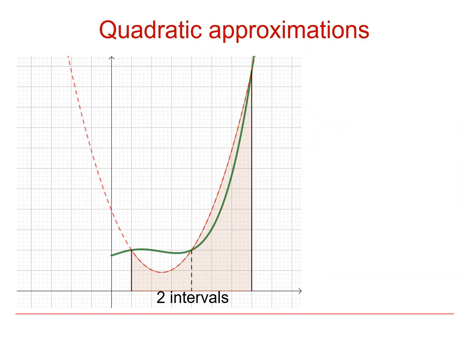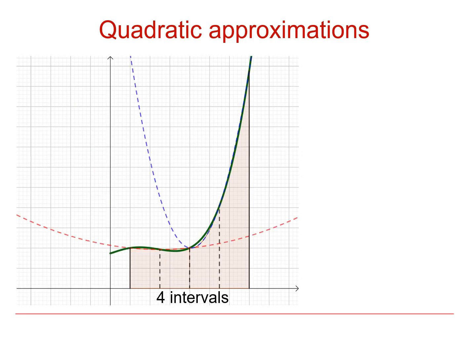If we just use 3 points on a curve, 2 intervals, and we fit a quadratic to go through those 3 points, it can be that we've got quite a large discrepancy. So if we increase that to 4 intervals, you can see we've got quite a tight fit on the first curve, and again quite a tight fit on the second curve, fitting it to our given function.